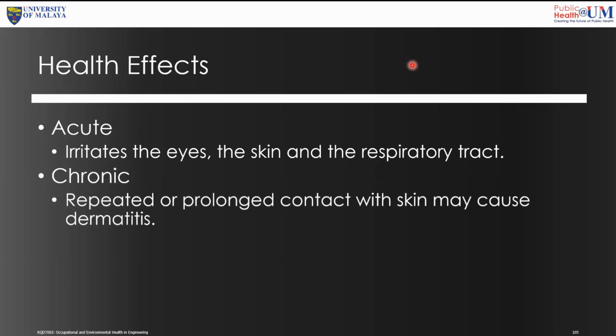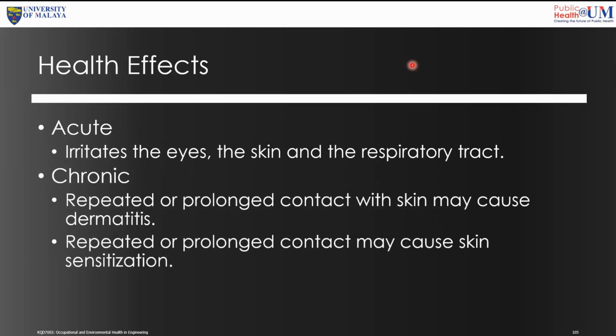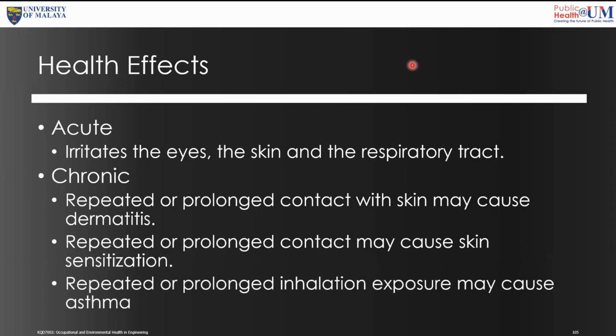Chronic health effect: repeated and prolonged contact may cause dermatitis and skin sensitization. Also, exposure may cause inhalation problems. Because of the sensitization, you can get occupational asthma. So when you're exposed to glutaraldehyde, you can develop what we call occupational asthma, because you become sensitized. Glutaraldehyde-induced occupational asthma is a major problem for people working with glutaraldehyde in the healthcare industry.